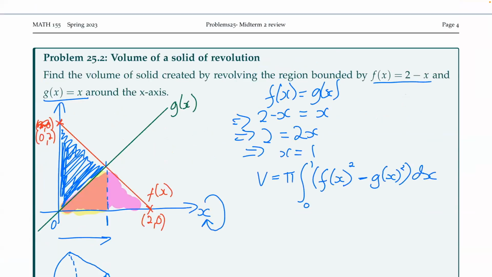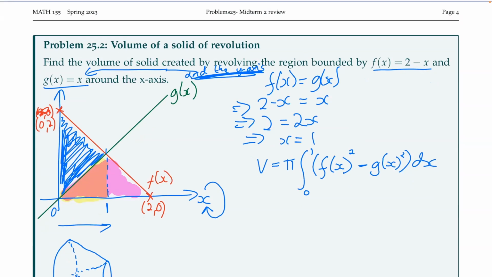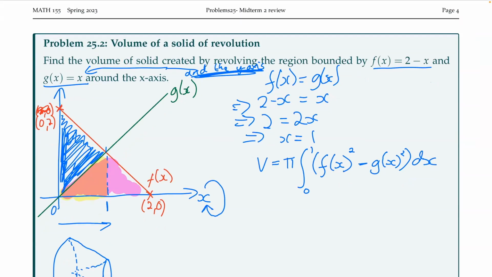When I've written this question here, I should have said that the solid is created by revolving the region bounded by f of x, g of x, and the y-axis. So apologies if you've tried this before. Basically I've got 2 sides to it and I've not told you what the third side is. So that is a poorly worded question there. I will correct that for next time. But in this case, you would be given exactly what it is bounded by.